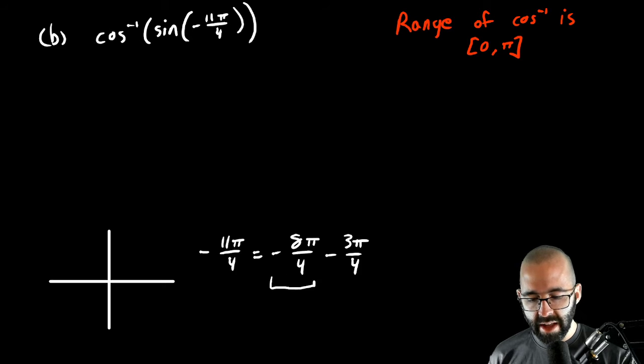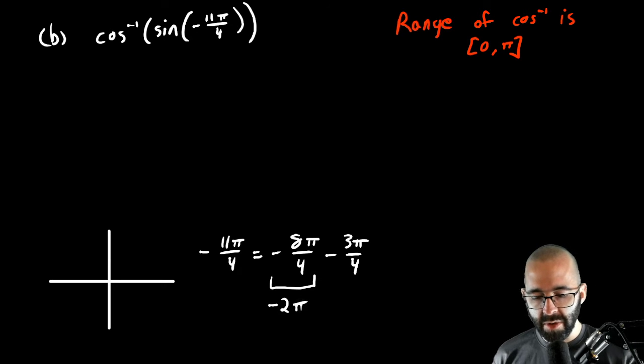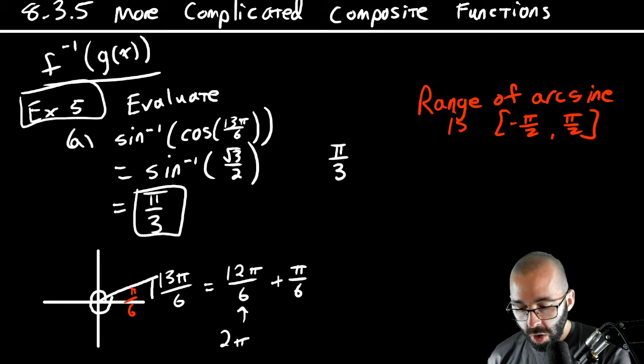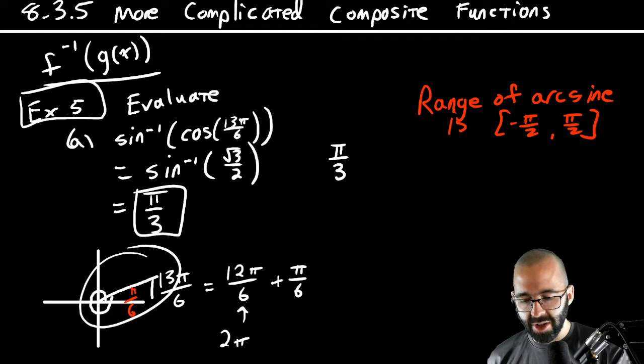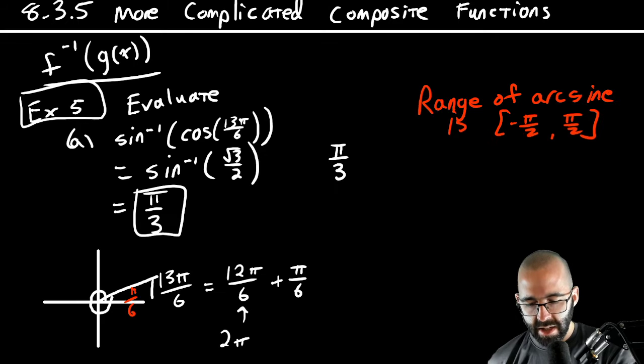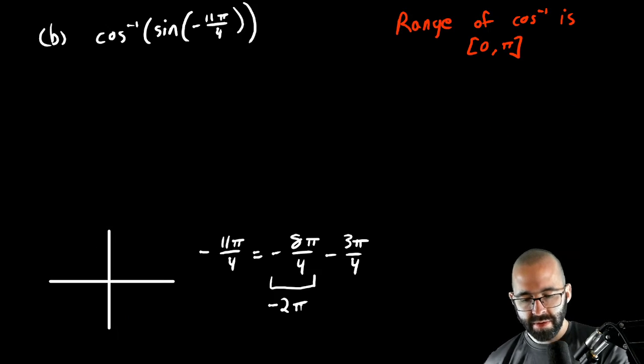And again, just like before, this is negative 2 pi. Wait, did I make the same mistake that I've made before? Oh, this is interesting. No, I didn't. I did draw a positive angle. I almost made the exact same mistake that I made in an earlier video. That's bizarre. But I did correctly go up.